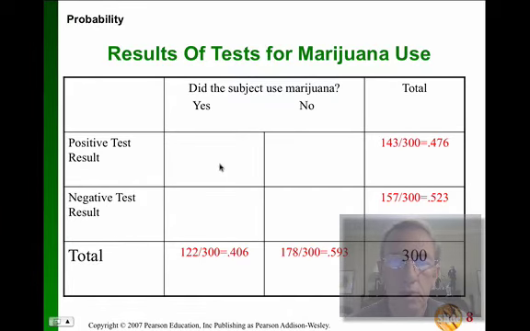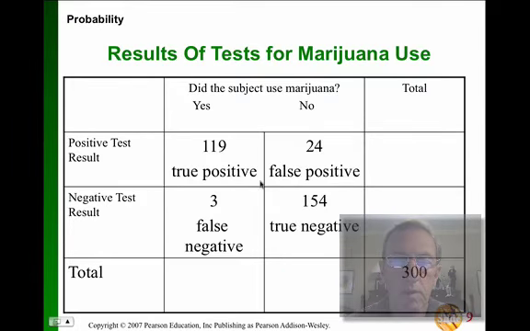But wouldn't it be nice to know who said they were a user and tested positive? We've got that information. So if you keep your data as you collect it so that you can keep track of this, you can break things down. These all add up to 300. These are the numbers that added across to the row total.